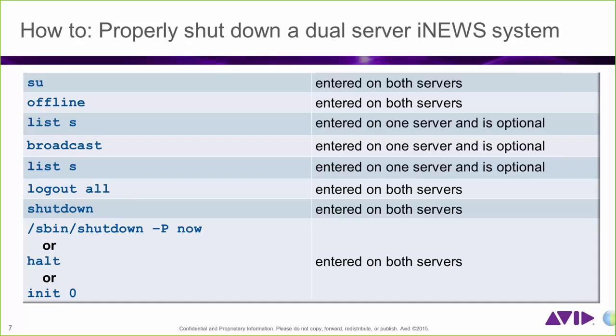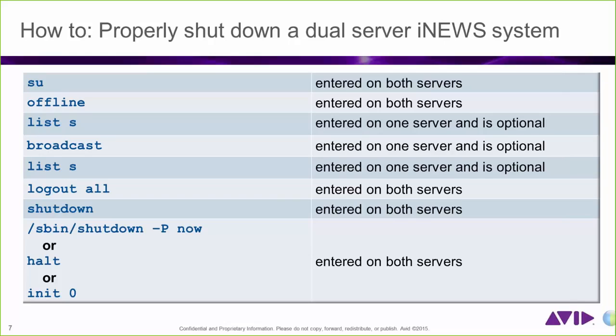So the first thing we're going to discuss is how to properly shut down a dual server iNEWS system. Most of our customers have dual server systems. There are a few larger customers out there which do have triple servers for more redundancy, but for this demo we're just going to demonstrate a two-server system.